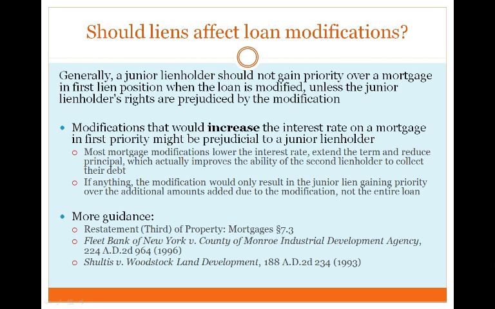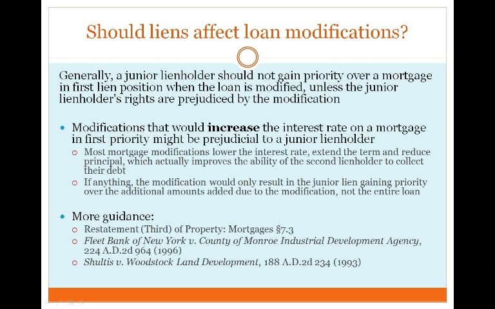Specifically, the restatement of the law that is cited here states very clearly that if the right to modify the loan is reserved in the mortgage document, the first mortgage, then it doesn't even matter if the modification materially prejudiced the lien holder. So that's something to keep in mind as well. It might be worth looking at the mortgage to see if there's anything in there that talks about modifications.